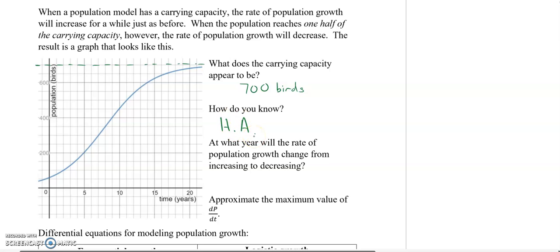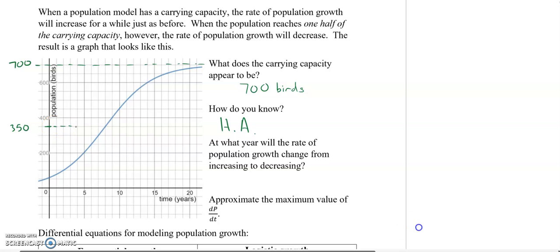At what year will the rate of population growth change from increasing to decreasing? Okay, well, let's see. The carrying capacity is 700. So we are saying that we'll reach 1/2 the population at the point when we're changing our rate of growth. So half of 700 is 350. 350 is right here.